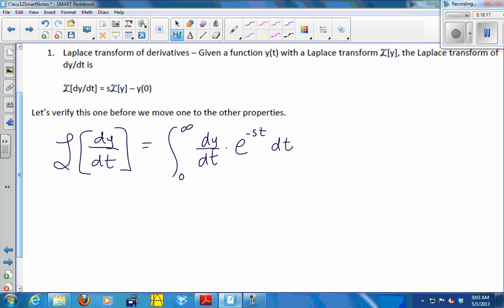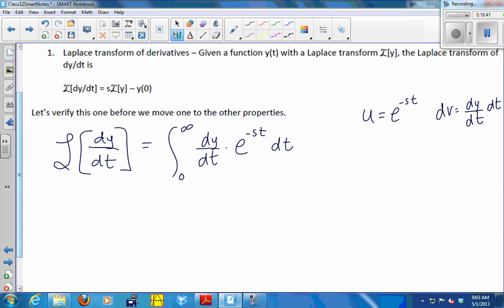So I'm going to use integration by parts. We're going to let u be e to the negative st and dv be dy/dt dt.